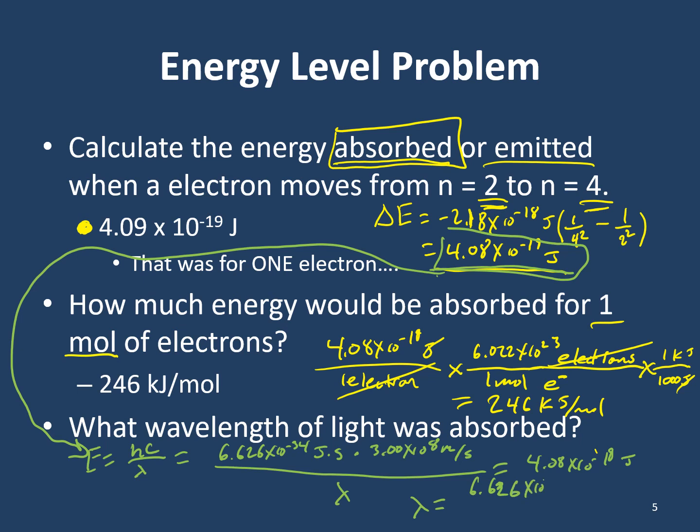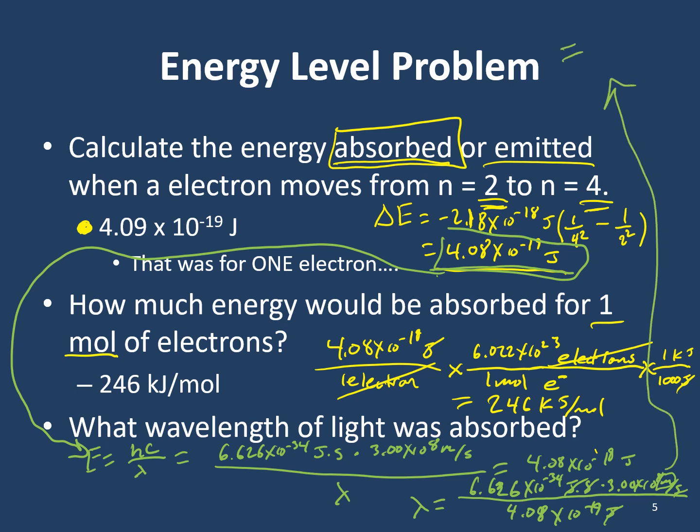Rearrange and solve for our wavelength, which would be equal to 6.626 times 10 to the negative 34 joule seconds times 3.00 times 10 to the 8 meters per second, all over 4.08 times 10 to the negative 19 joules. And if you look at this, joules cancel, seconds cancel, we're left with meters, which isn't our typical wavelength unit, but we can solve this.